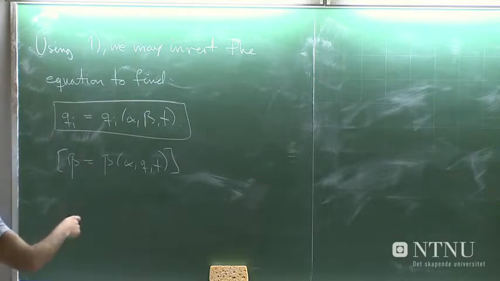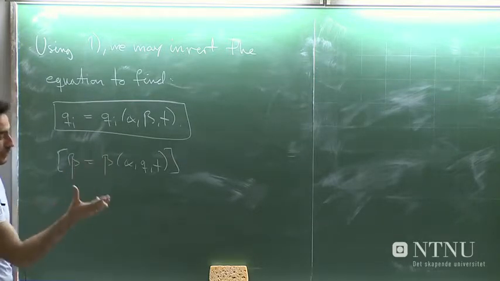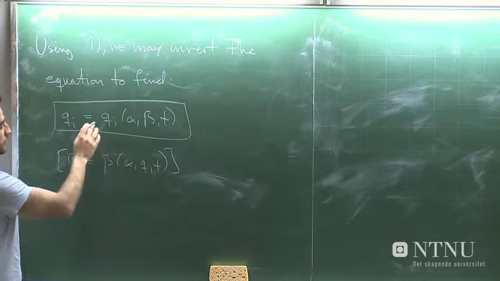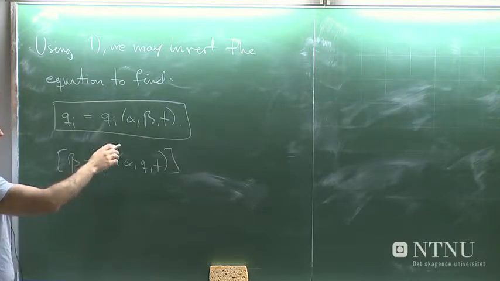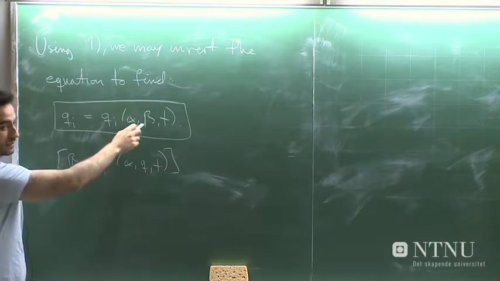Once you solve equation 1, you can rearrange the terms to find q_i as a function of time and these integration constants.